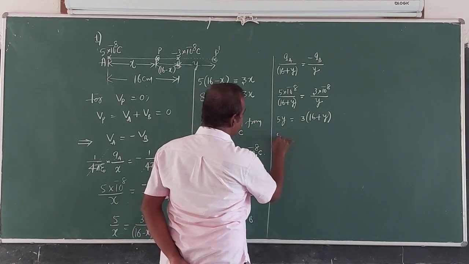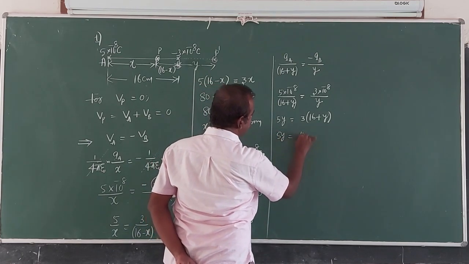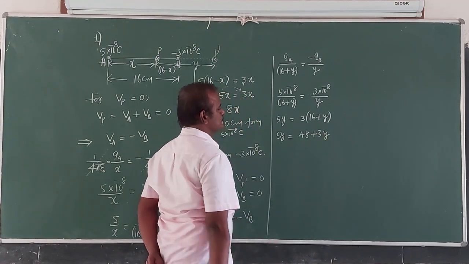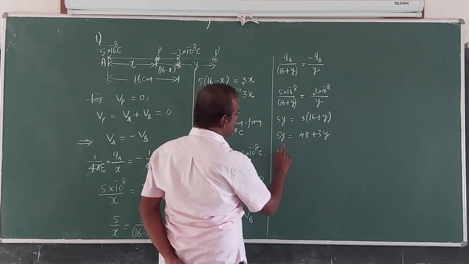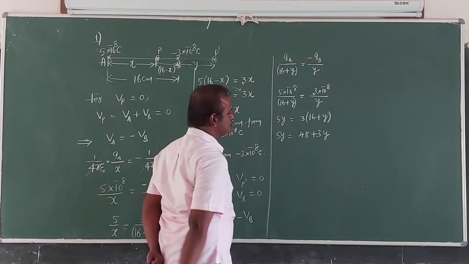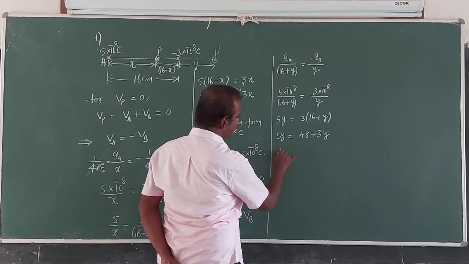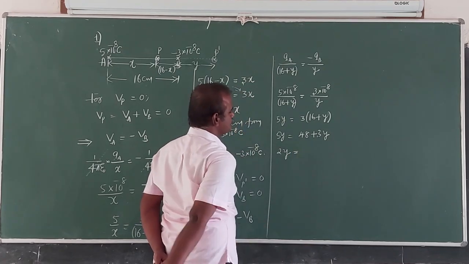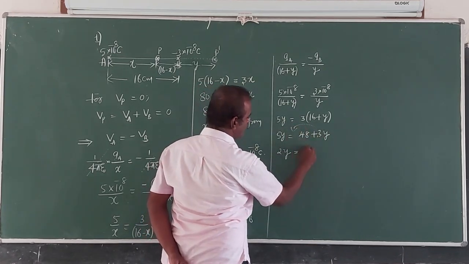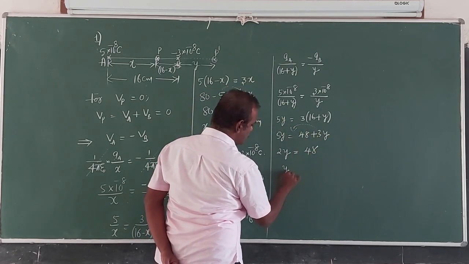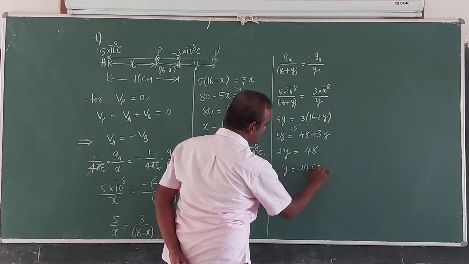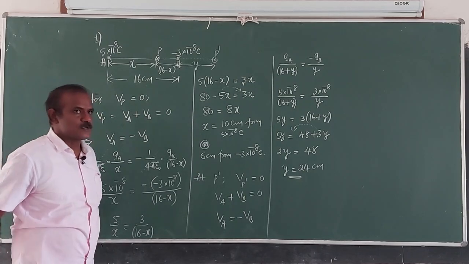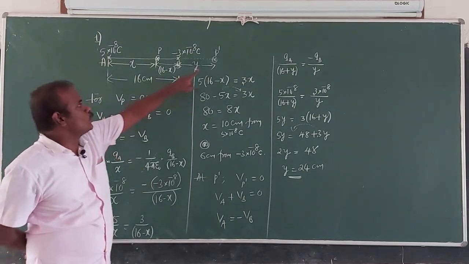This is 5y is equal to 48 plus 3y. This is 2y is equal to 48 or y is equal to 24 centimeter. Remember students, y is equal to 24 centimeter.